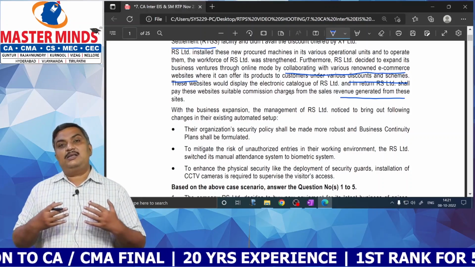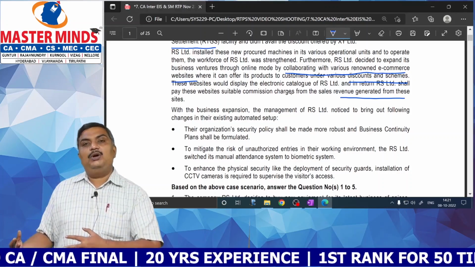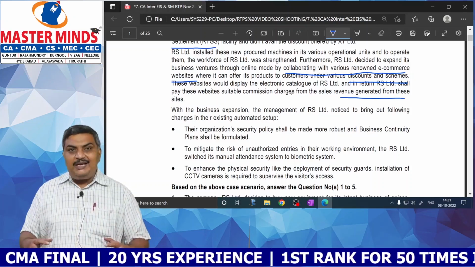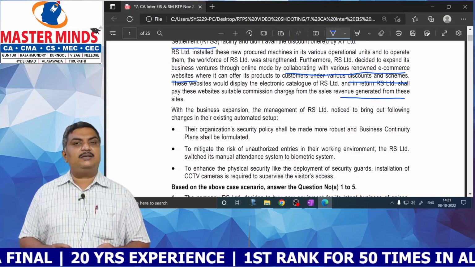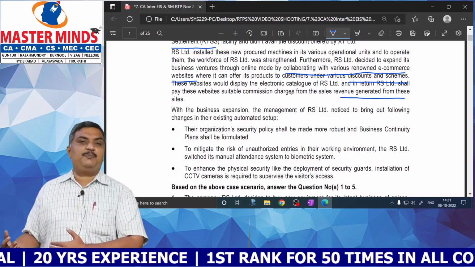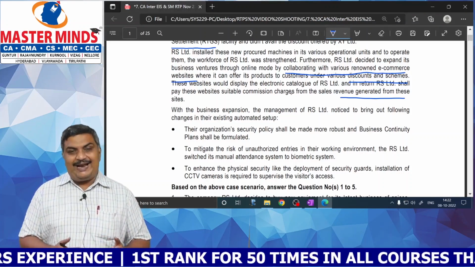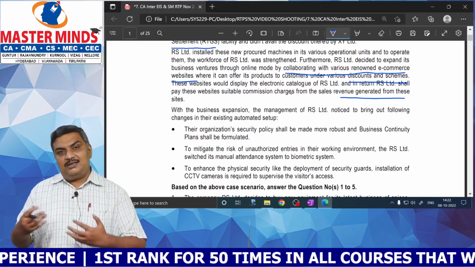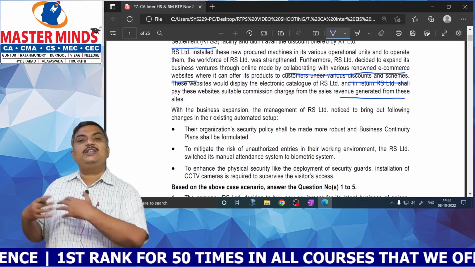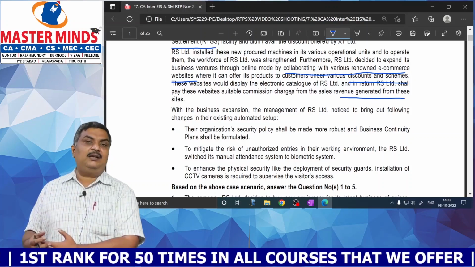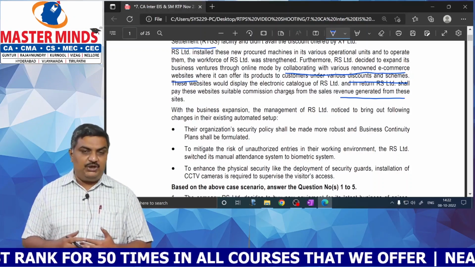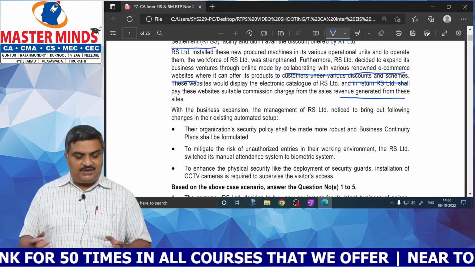So, RS Limited have entered into collaboration with many e-commerce vendors, where those e-commerce people will display the price lists and catalogs of RS Limited, and for the sales that are generated through those e-commerce sites, RS Limited will pay a commission to those e-commerce vendors. That is the business model.